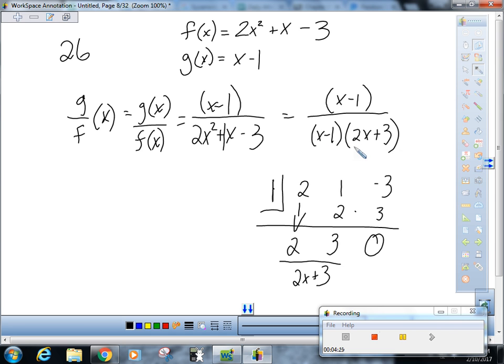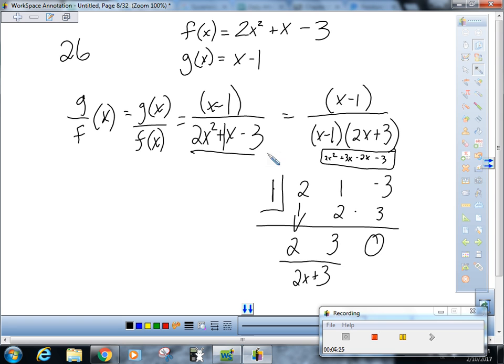What is x times 2x? 2x squared. That's a good start. x times 3? 3x. -1 times 2x? -2x. -1 times 3? Negative 3. Does this equal the original? Yes, it does. So we did it right.